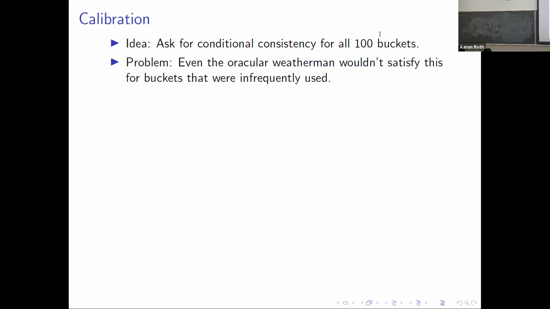But there is a problem. We need a test that's going to pass the oracular weatherman. And even the oracular weatherman would not pass this test for predictions that he made very infrequently. Suppose that even though we watched him make predictions over 10,000 days, on only one of those days did he predict a 50% chance of rain, and it rained.